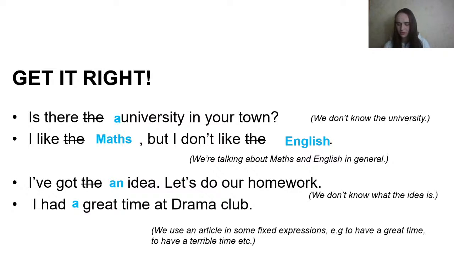David says for the first one it is "a", because we have this expression: to have a good time, to have a terrible time, to have a good time. This is the expression, and we can see here that we use an article in some fixed expressions. For example, to have a great time, to have a terrible time, to have a good time, and so on. So try to remember this expression because it never changes. It is always like this, and this is quite easy.